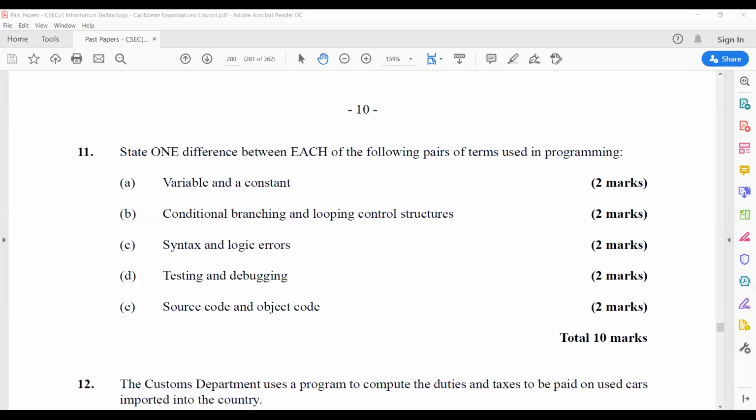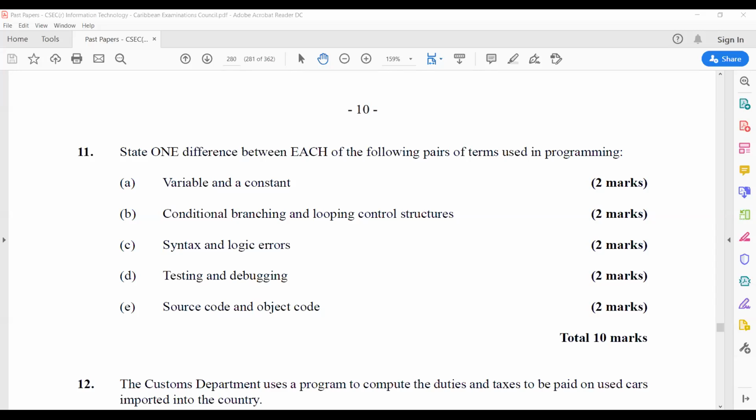Variables hold values that change throughout the program, and a constant holds a value that remains the same throughout the program. Good, Raphael put the answer in chat here.